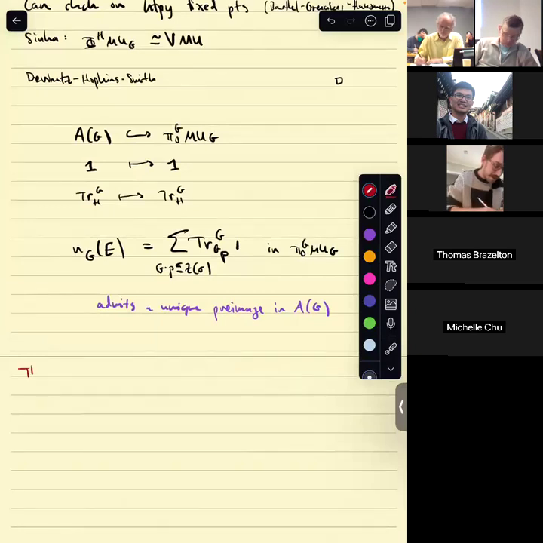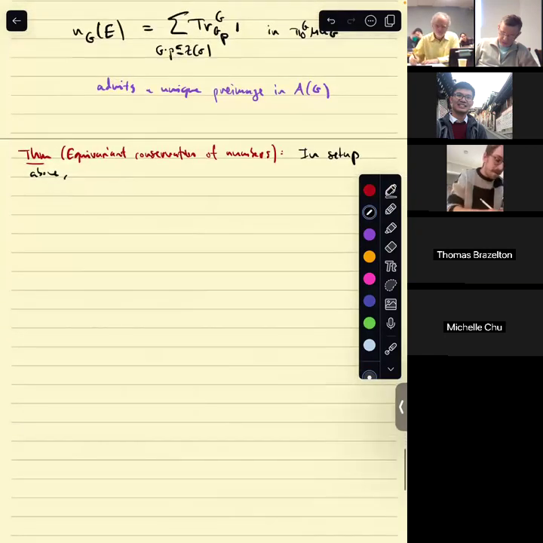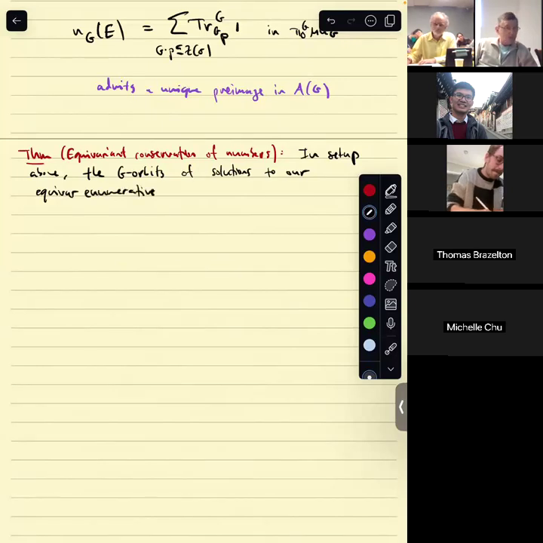So this gives you a theorem that I might call, and I don't want to get too intense about this because there are still a lot of hypotheses that we want to lift: in the setup above, the G-orbits of the solutions to our equivariant enumerative problem are conserved.